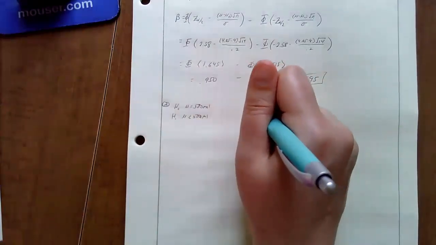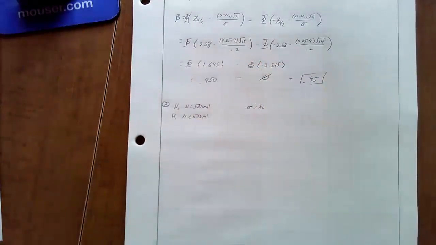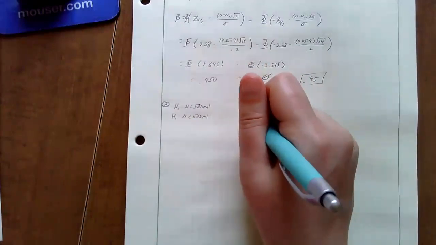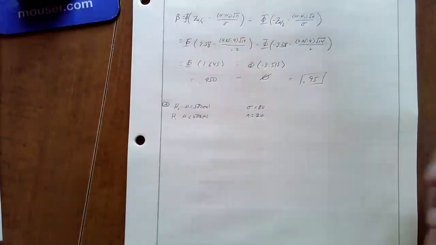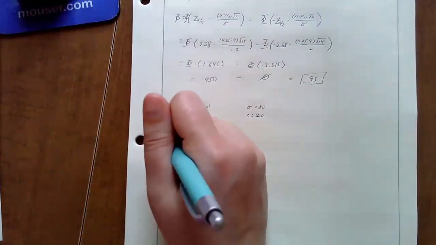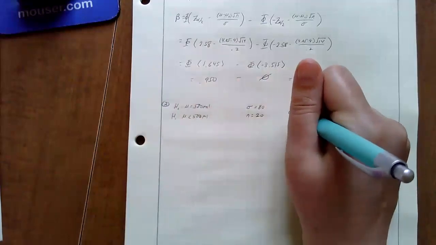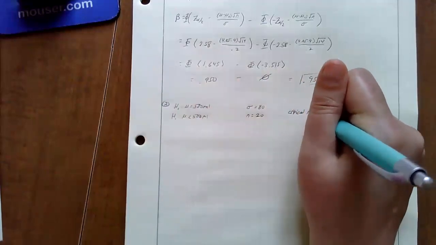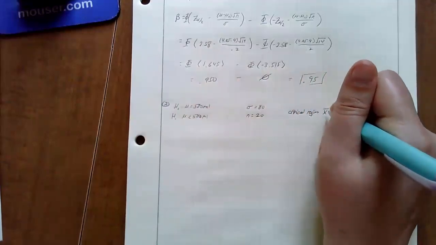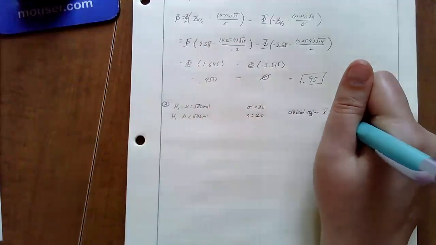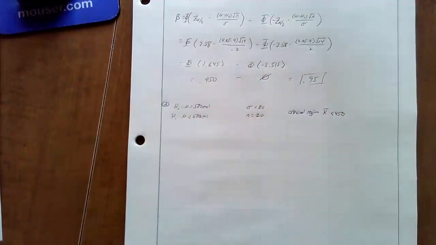The standard deviation given is 80 milliliters, and we have 20 samples that have been taken, and this data is going to be compared to a critical region that was given, of your sample mean being less than 450 milliliters.